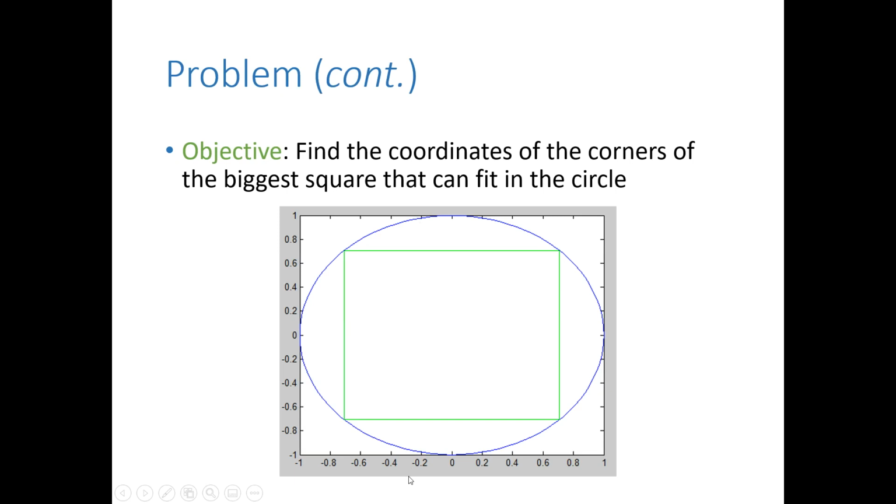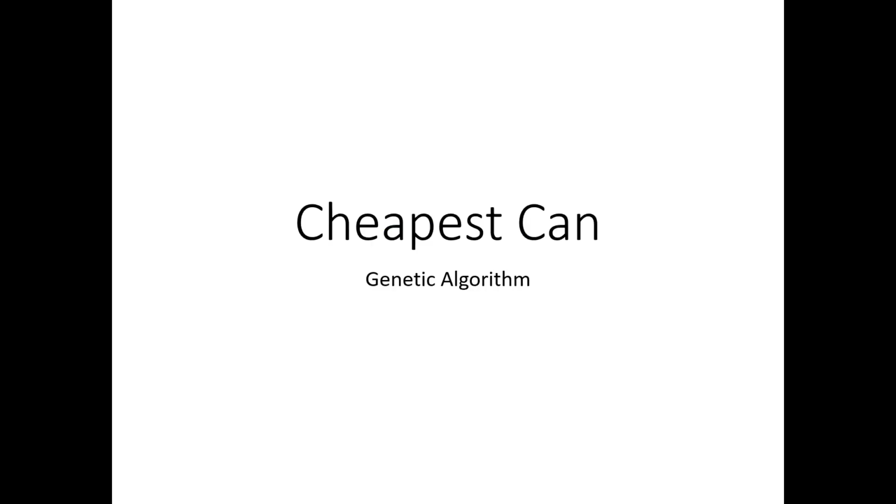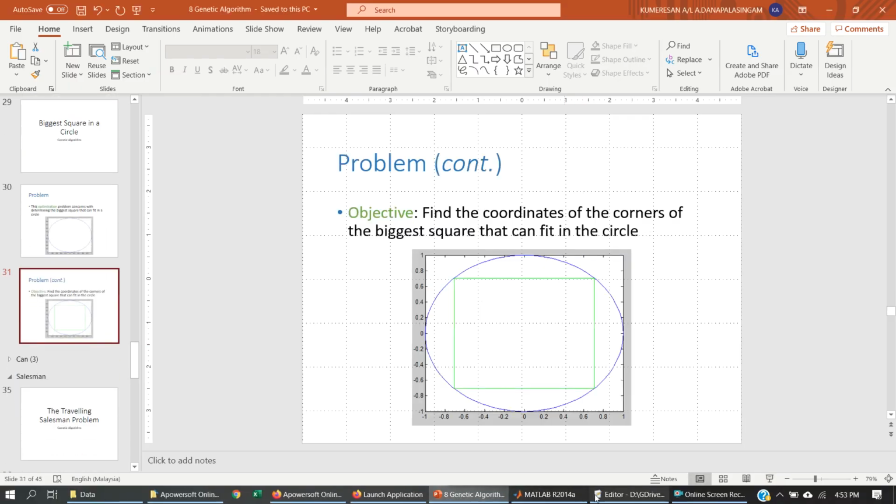Obviously you can have many squares, you can have a square like this, you can have a square like this, but which square is the biggest that fits nicely inside the circle? Again, this is trivial. Maybe you cannot think of a practical application for this example, but this is interesting, and it's more interesting that this can actually be solved by using a genetic algorithm. So let's look at the simulation.